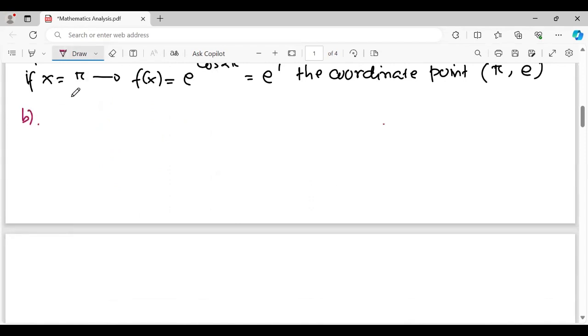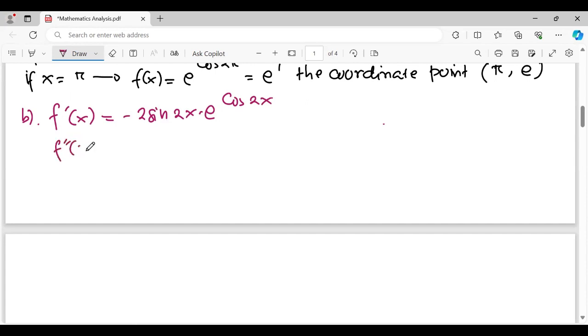For part B, the derivative f'(x) equals minus 2 sine 2x times e power cosine 2x.